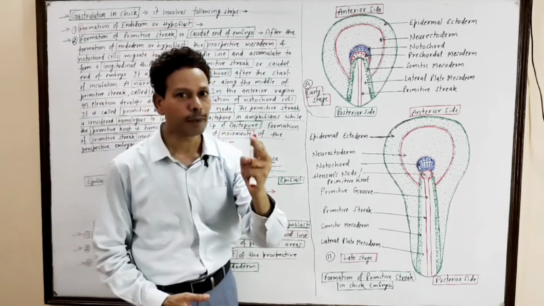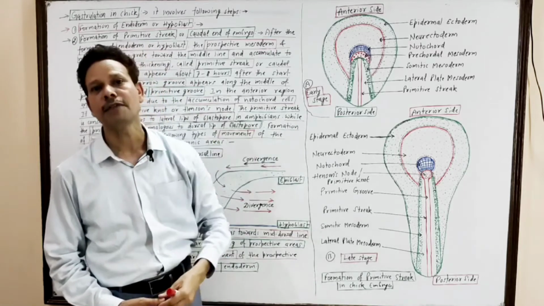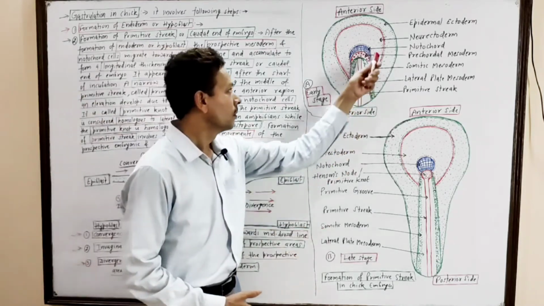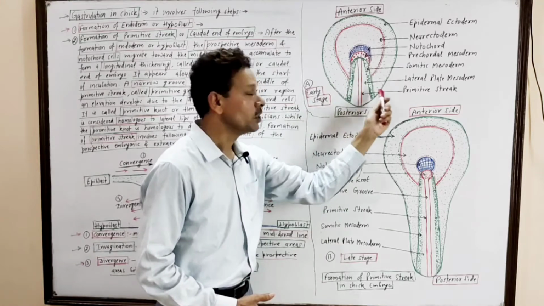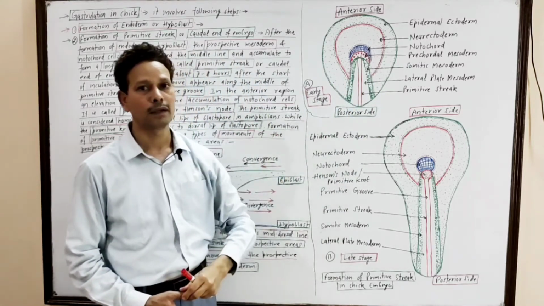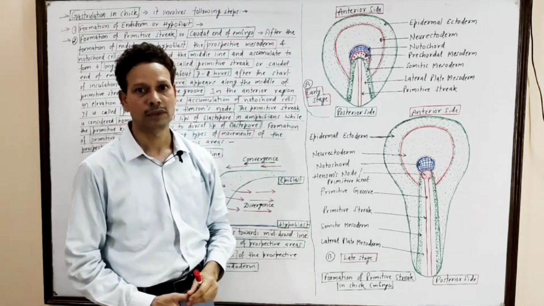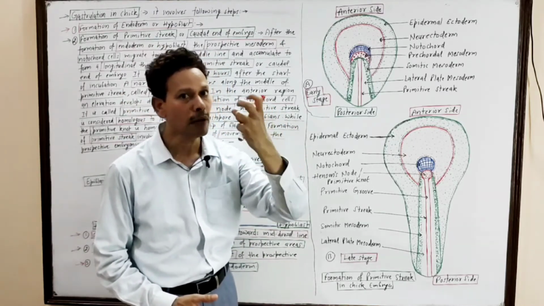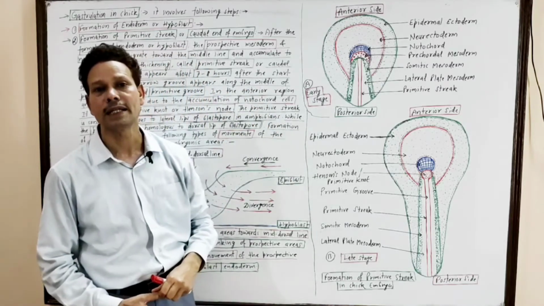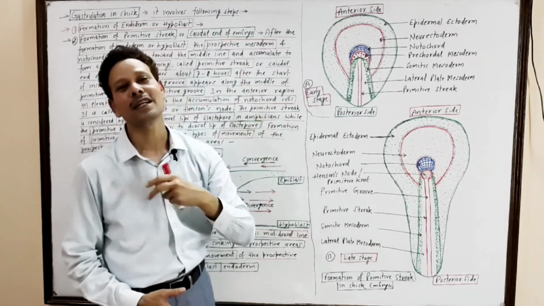The formation of primitive streak occurs due to the specific movements of mesodermal cells and notochord cells. It means after the formation of endoderm, the prospective mesoderm and prospective notochord cells start to migrate towards the mid-dorsal line.